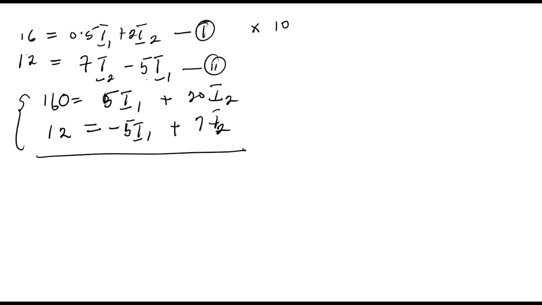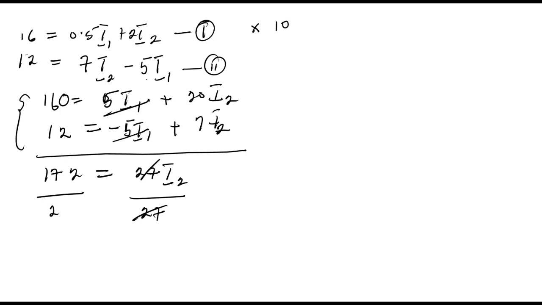Now let's sum these equations together. 5 minus 5 becomes 0. 160 plus 12 becomes 172 is equal to 27 I2. Divide by 27.